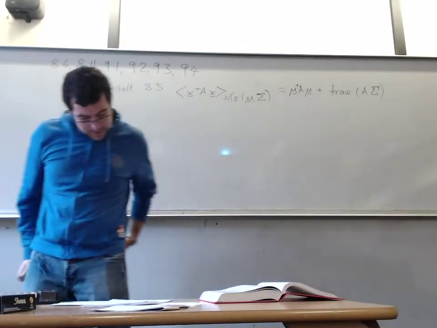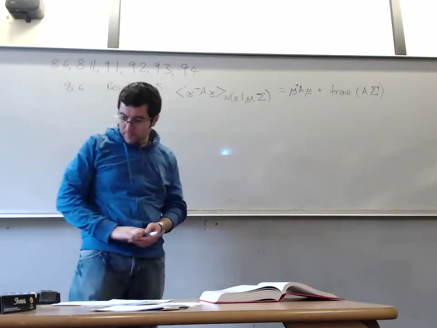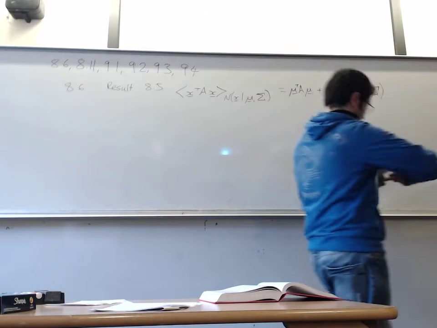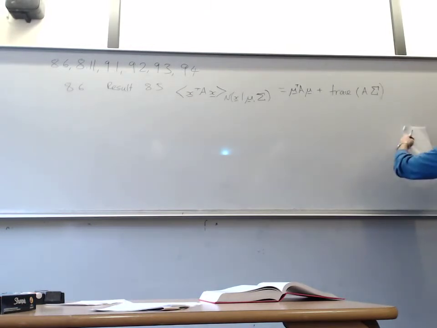And you're given this hint in the question that you're going to have to use this identity: x transpose A x is equal to trace A outer product.